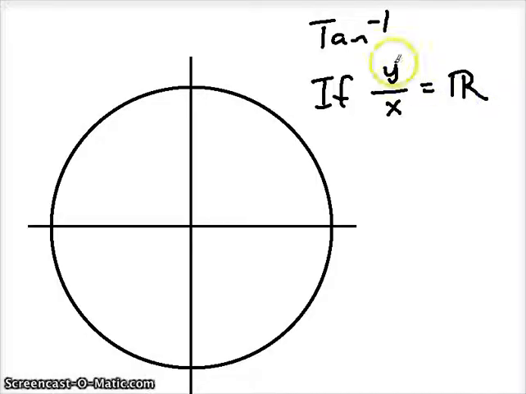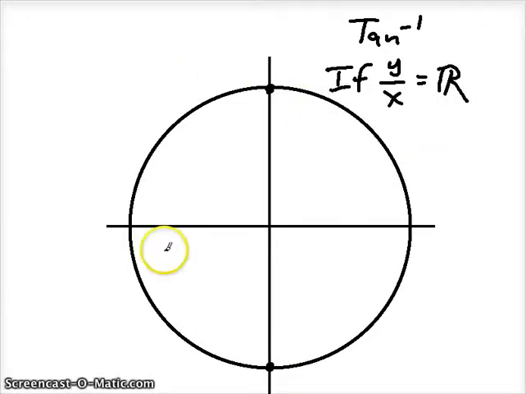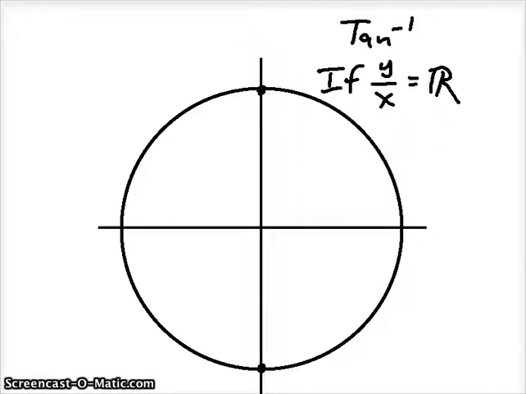If this ratio gives you any kind of real number, then you can find the inverse tangent of it. But the value that you get when you take the inverse tangent of this ratio will only be in between negative 90 and positive 90 degrees. However, it can't be equal to 90 or negative 90, and I'm going to show you why in a sec here.